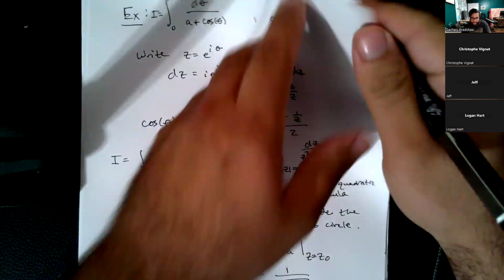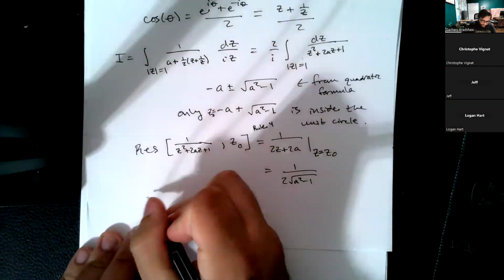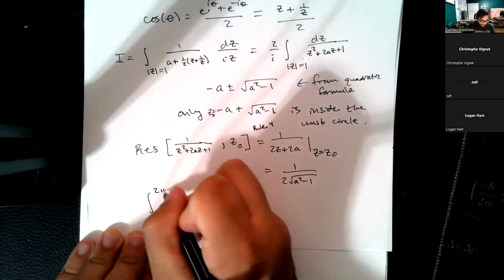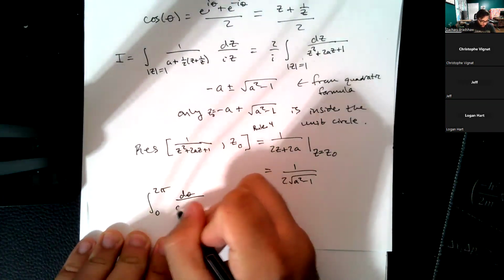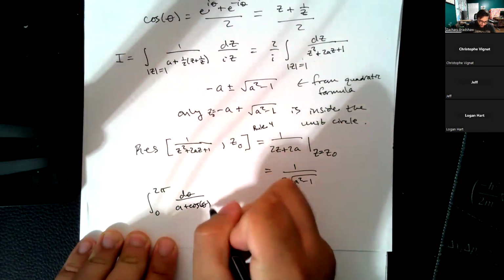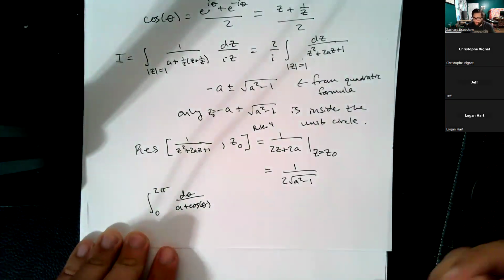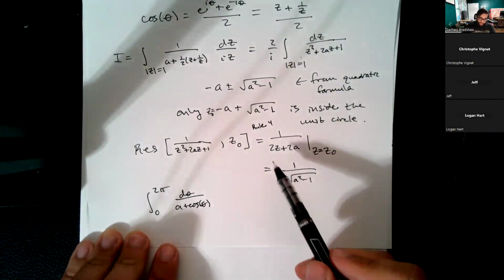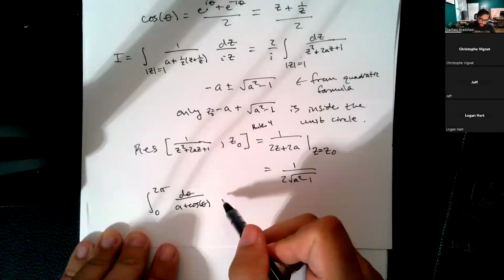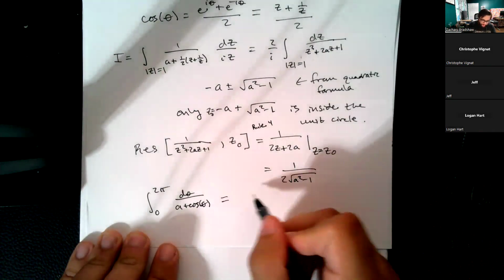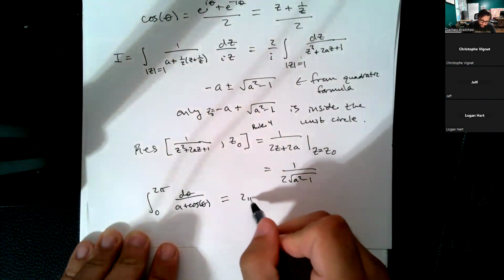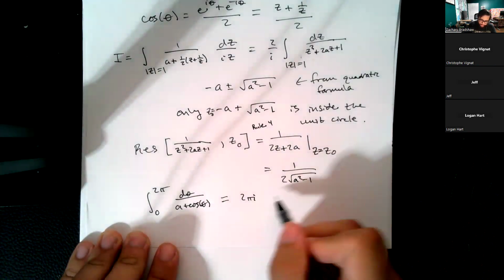So what does that tell us? Well, that tells us that the original integral from 0 to 2 pi of d theta over a plus cosine theta, we transformed into an integral in the complex plane. And the residue theorem tells us that that integral is equal to 2 pi i times the sum of the residues.